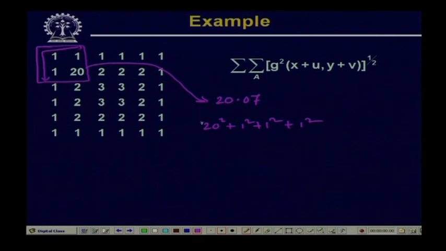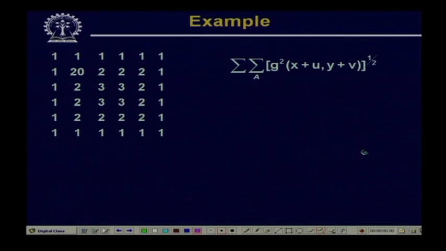I have to take the square root of this. So, if I compute this component, I get the value of 20.07. This is how I compute this quantity, that is g square x plus u, y plus v over the region A, square root of this and summation over the region A, for all possible u and v, that is for all possible shifts.